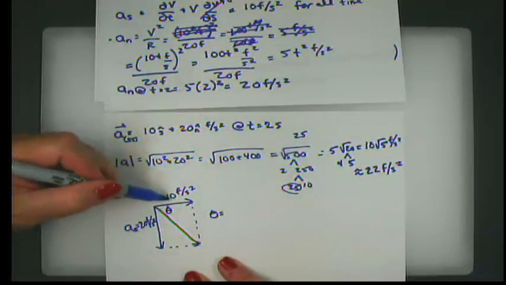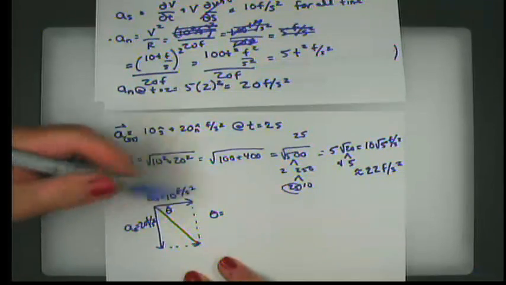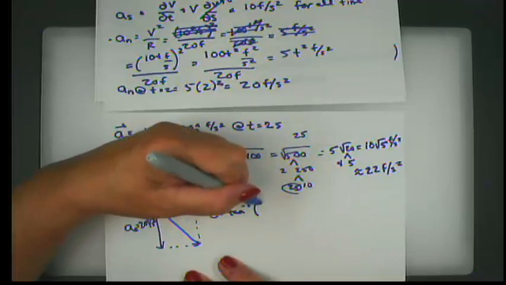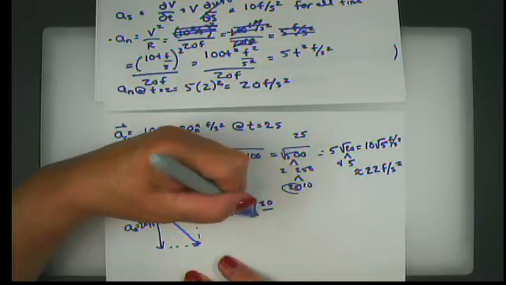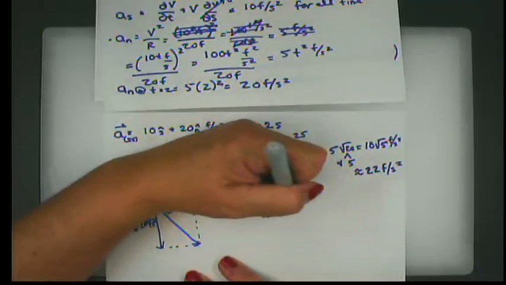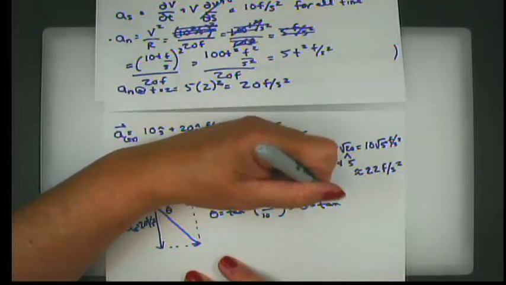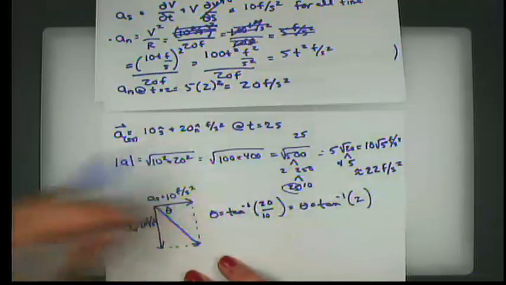We have adjacent, opposite, tangent to the -1 of the opposite side over the adjacent side, which is, theta is the inverse tangent of 2.